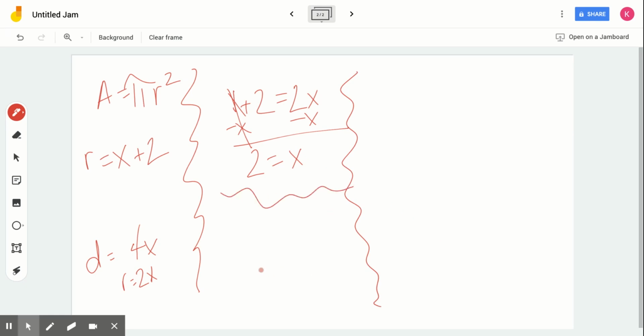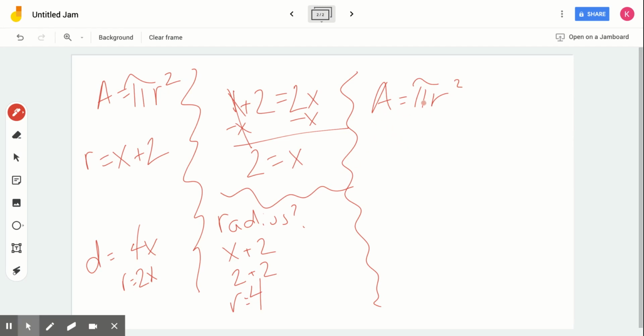So if x equals 2, what is the radius? So if the radius is x plus 2 and x is equal to 2, 2 plus 2 is equal to 4. So the radius of each circle is 4. Now, in order to find the area, again, we're going to plug this information in.